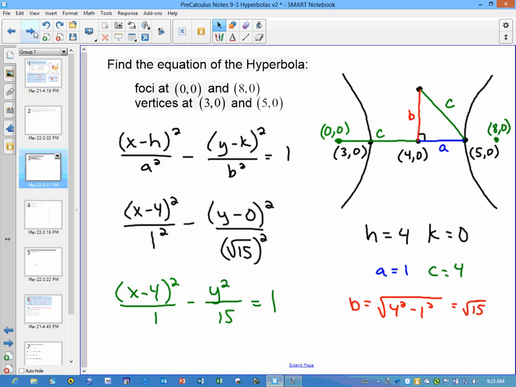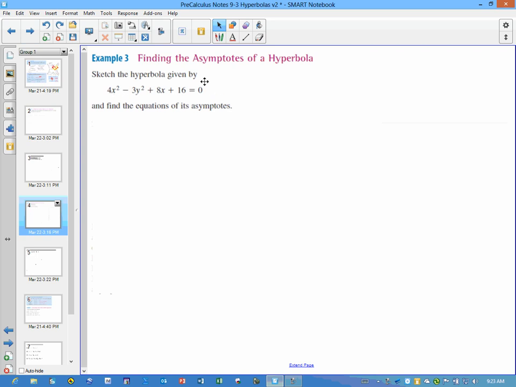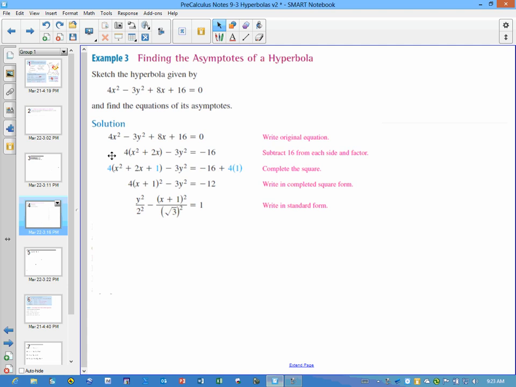Now, sometimes you have to do a little manipulation algebraically when you're given the equation in general form. Looking at the general form, we need to complete the square for the x and the y. So we're going to group the x's, and we're going to group the y's, but there's only one of them.